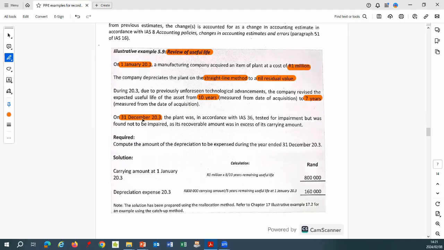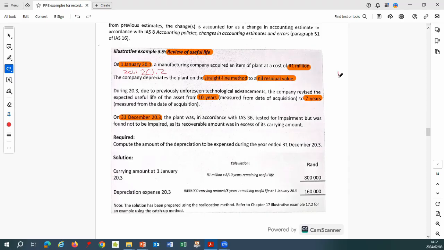So before the beginning of 20.3, we had used this item for 2 years, which would be 2021 and 2022. So 20.1 and 20.2 are our 2 years.